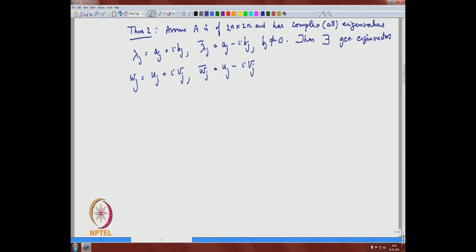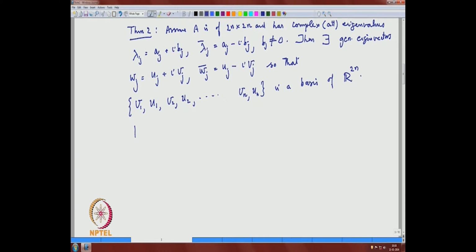If you write down, in order, V1 U1, V2 U2, in this way, real and complex parts, up to Vn Un, this is a basis of R2n.